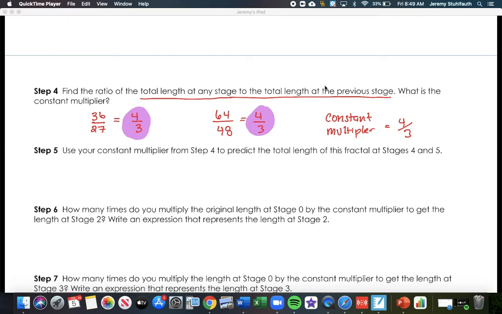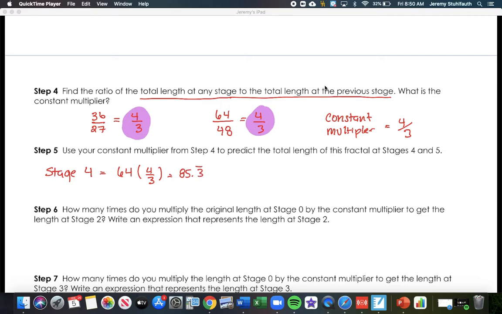And so if we wanted to do that, we would take our length from stage 3, so stage 4 would be equal to 64 multiplied by 4/3. And if we take 64 and multiply it by 4/3, we get 85 and 1/3, 85.3 repeating.